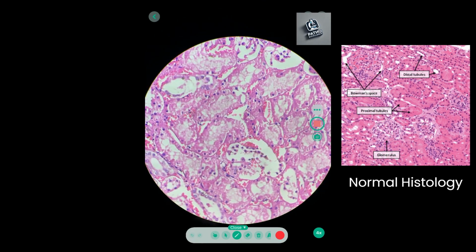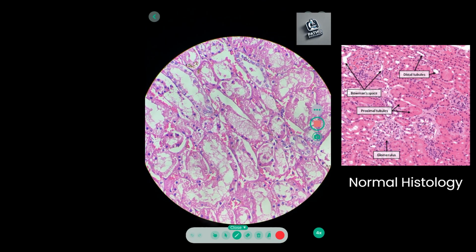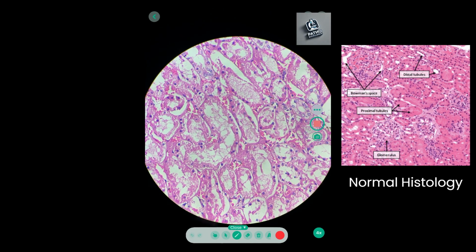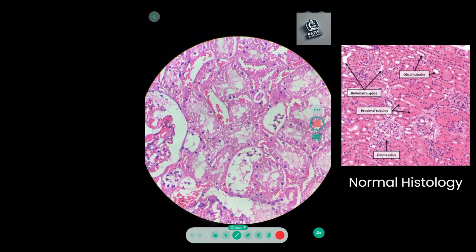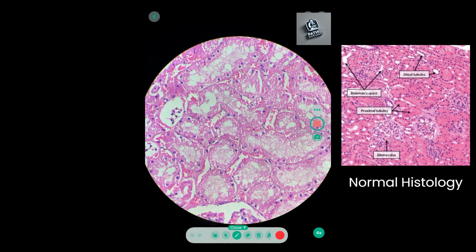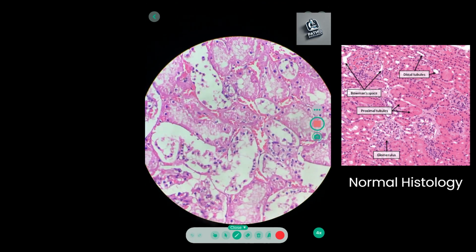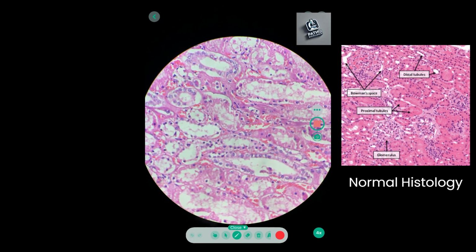So how to differentiate proximal convoluted tubules from the distal convoluted tubules? So proximal convoluted tubules are having abundant eosinophilic cytoplasm due to increased number of mitochondria, whereas distal convoluted tubules having less eosinophilic cytoplasm, and proximal convoluted tubule having brush border due to microvilli, whereas distal convoluted tubule comprising of cuboidal epithelium with increased number of nuclei and less eosinophilic cytoplasm.